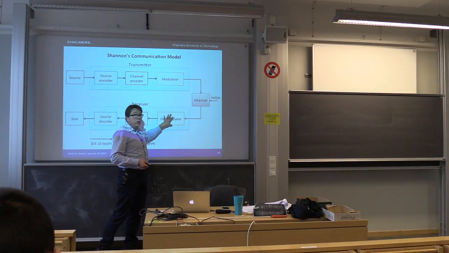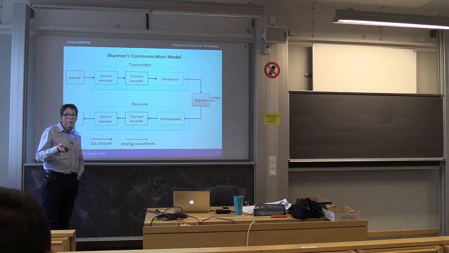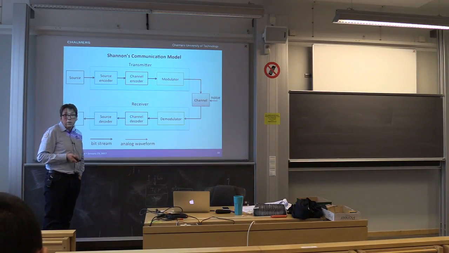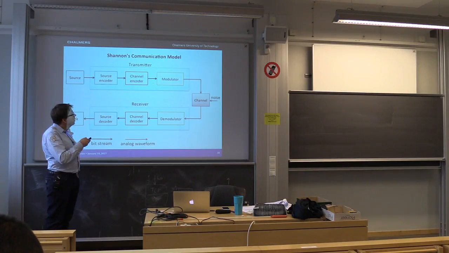The modulator, its purpose is to take bits and represent them with waveforms that fit the channel. So if it's a fiber optical channel, it will be the output of a laser. If it's a radio channel, it will be output from an antenna, an electromagnetic wave. If it's in a cable, it will also be an electromagnetic wave, but with different properties. So one can think of this as a digital to analog conversion. Bits to waveforms.